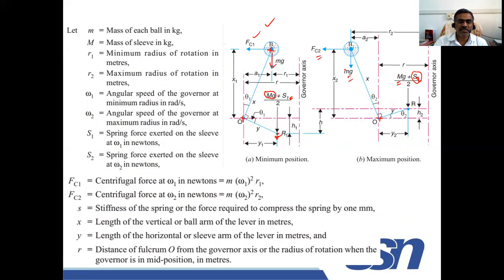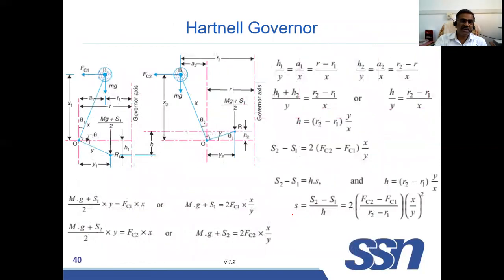The mass of the ball will be the same. When the speed increases, the spring will be compressed more, so the spring force and centrifugal force will change. Now, it can be written in the form of an equation. If you write the equilibrium equation for these forces, we are taking moment about this point.